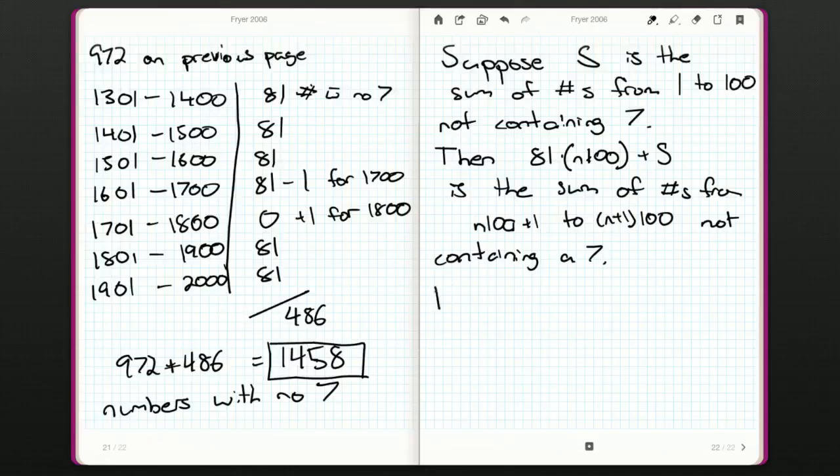So, from A, it is not hard to see, we get the ranges 1 to 9.